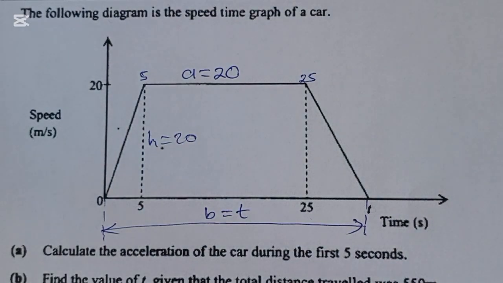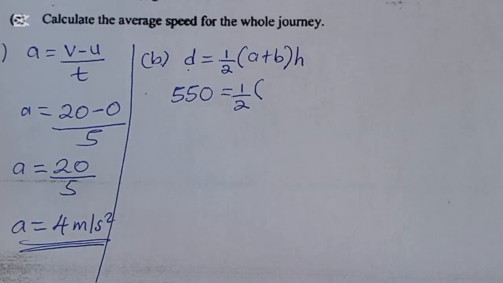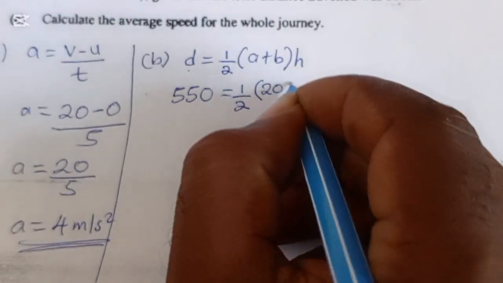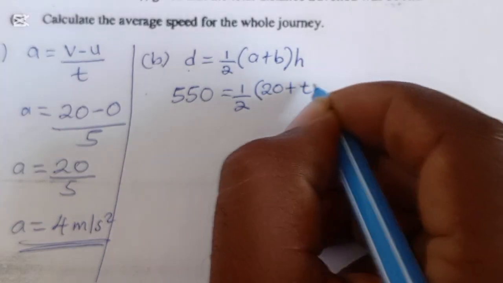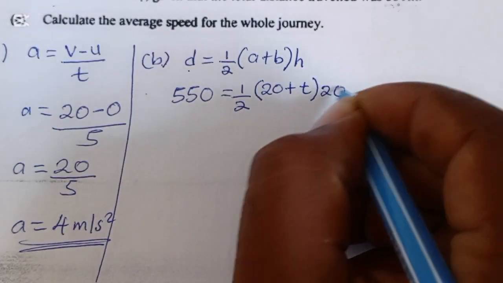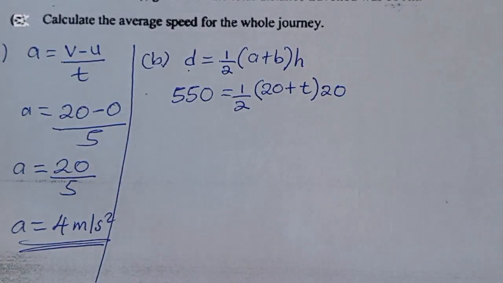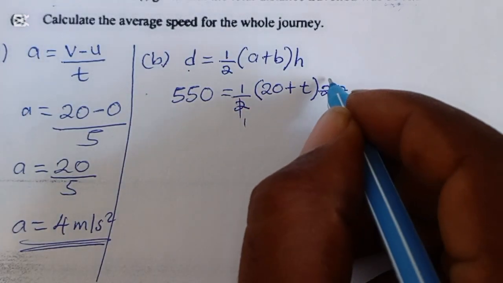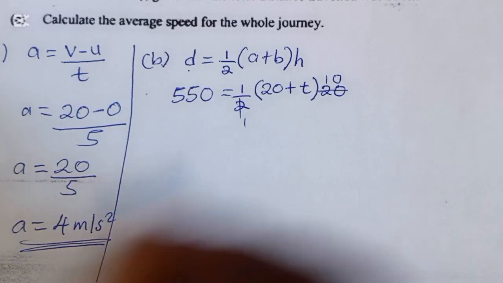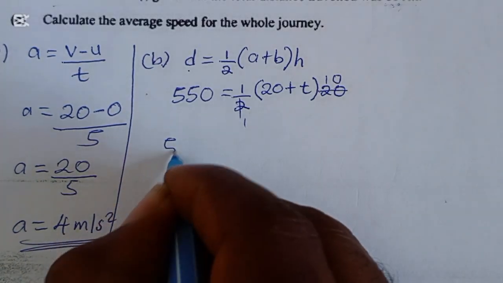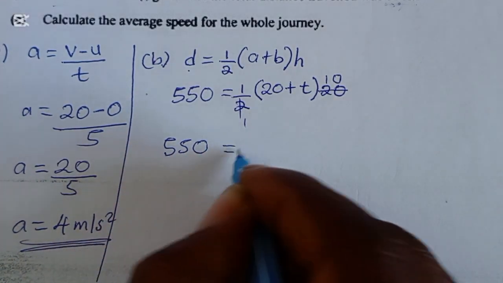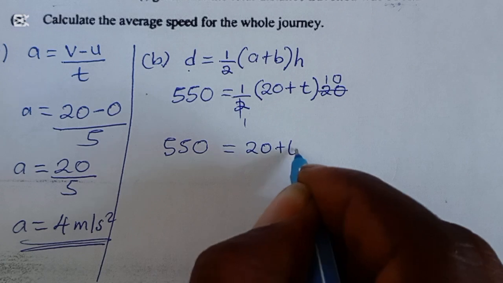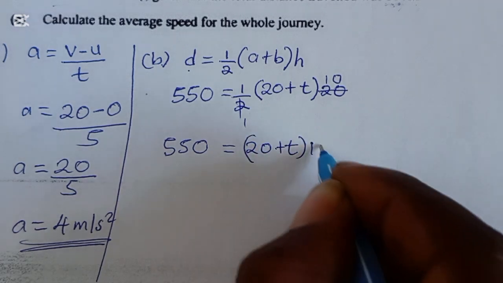So our height is 20, A is 20, and the value for B is t. So from there, 2 into 2, 1. 2 into 20, we have 10. So I remain with 550 is equal to 20 plus t times 10.